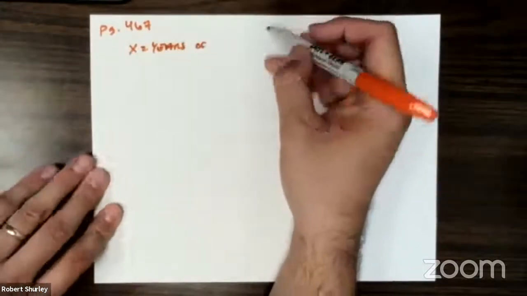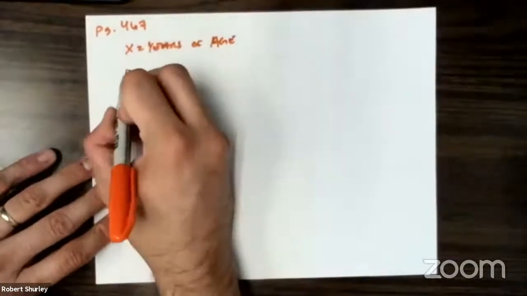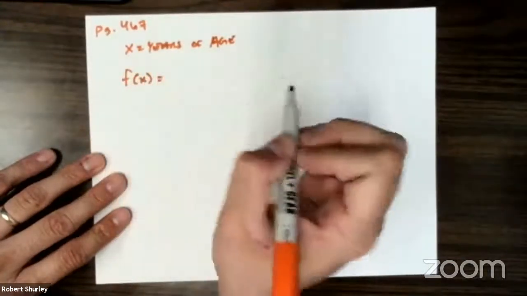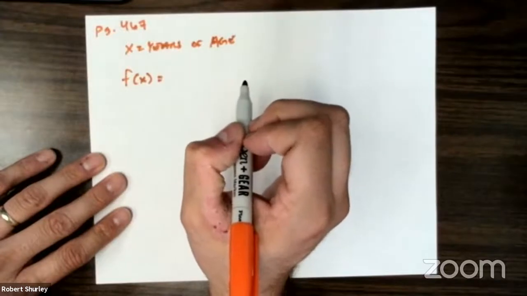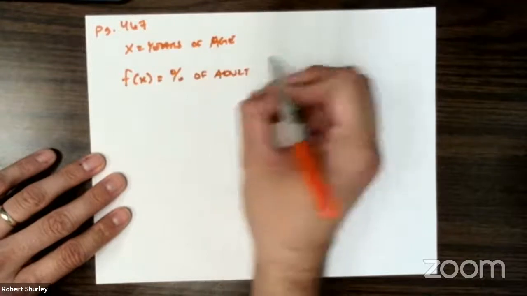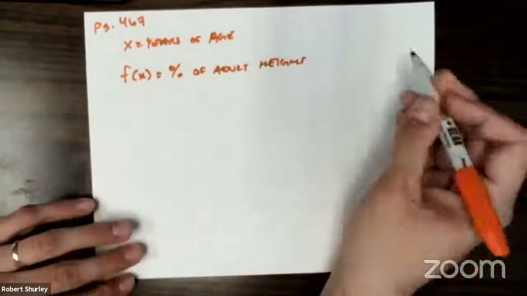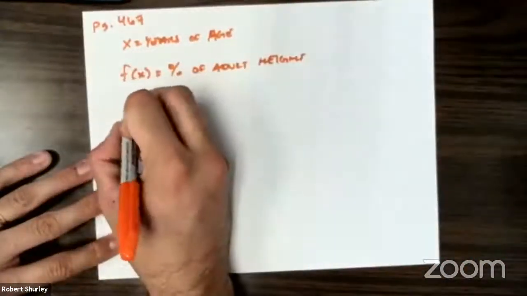And we have this function that gives us the percent of adult height. Now, I think it's written as a percentage. We'll see.